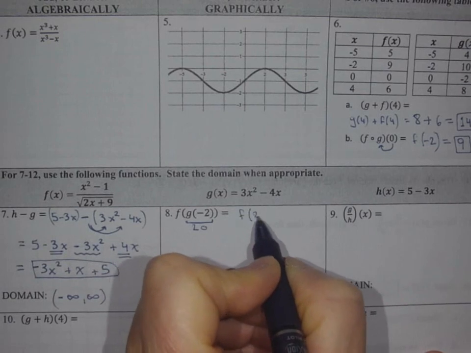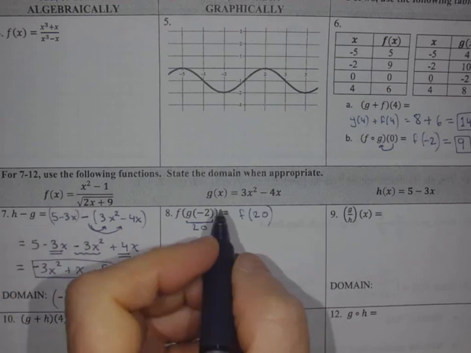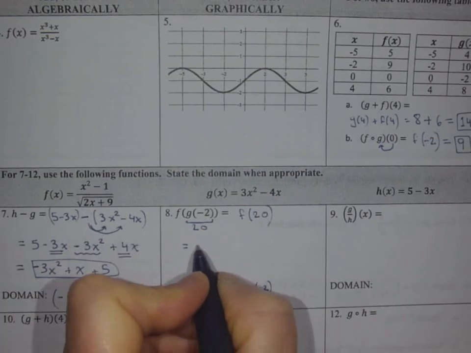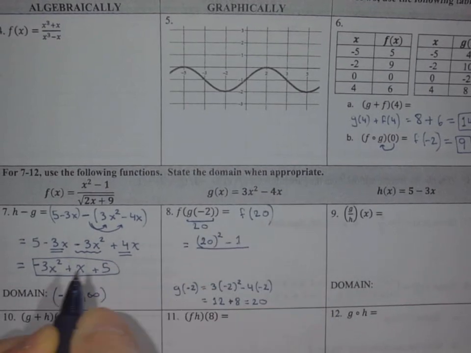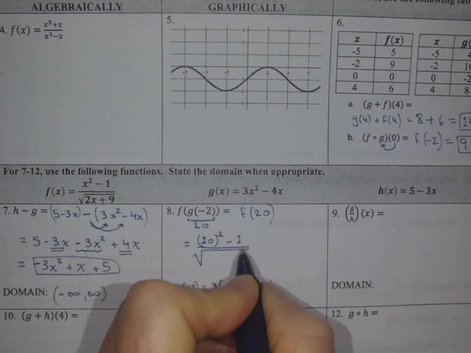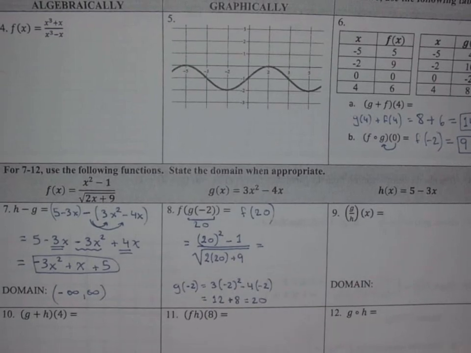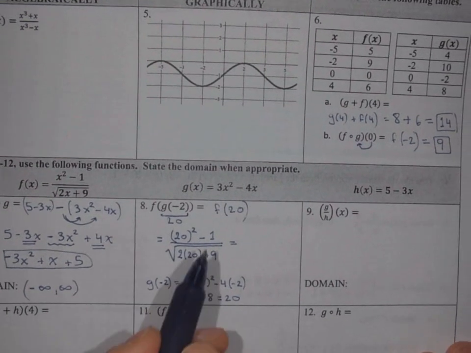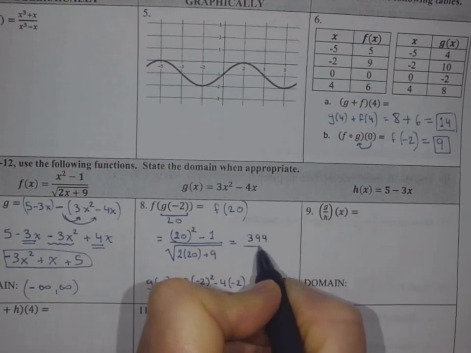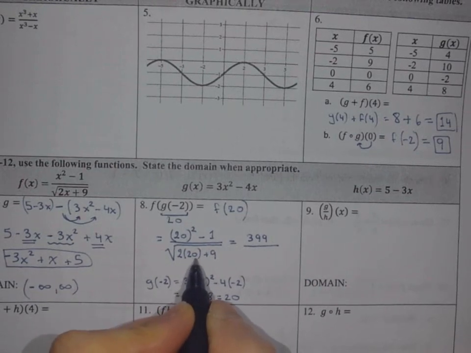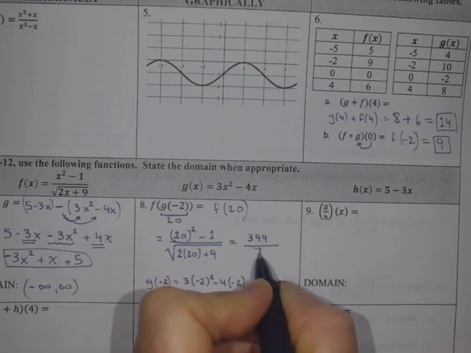So now I want f of 20. So go to your f function, and now we're going to put a 20 in here. Well, that's going to be a little messier, because that will then be a 20 squared minus 1, and in the denominator we have a square root of 2 times 20 plus 9. And at this point you will be welcome to use your calculator. 20 squared will be 400, and 400 minus 1 is 399, over 2 times 20 is 40, 40 plus 9 is 49, and the square root of 49 is 7.